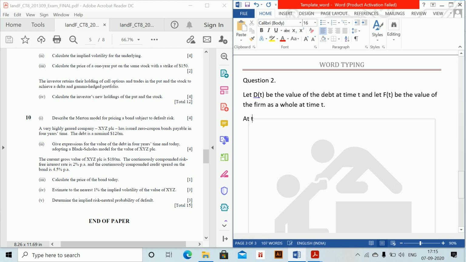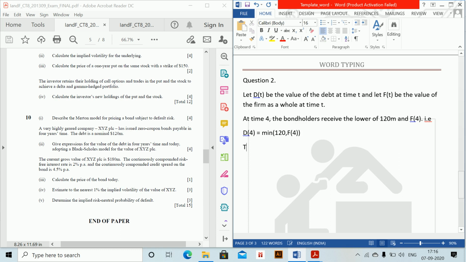At time 4, the bondholders receive the lower of 120 million and F4, that is D4 is equal to minimum of 120 comma F4.